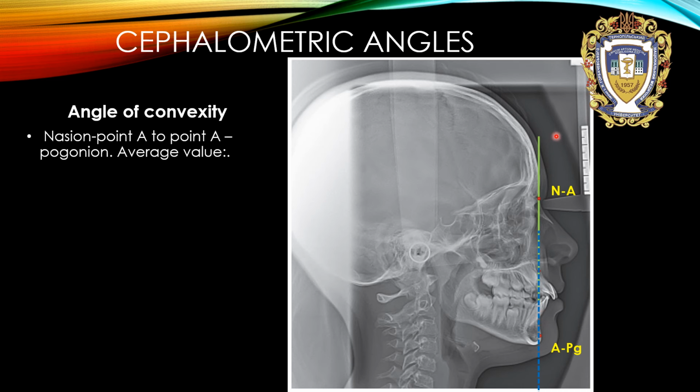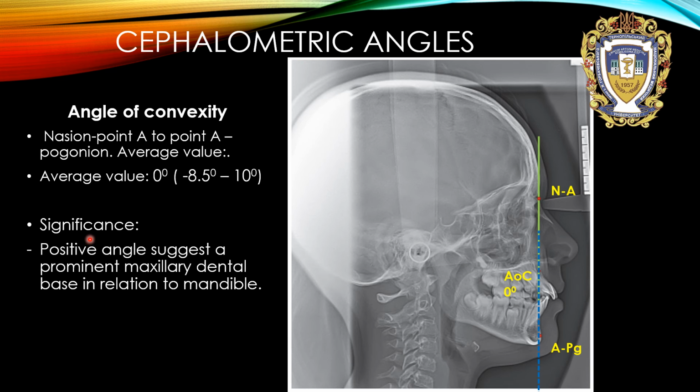In normal situation, these two planes are overlapped, and average value, of course, will be 0, but can be from -8.5 to 10 degrees. Significance of this angle: positive angle suggests a prominent maxillary dental base in relation to mandible, but negative angle is indicative of prognathic profile.